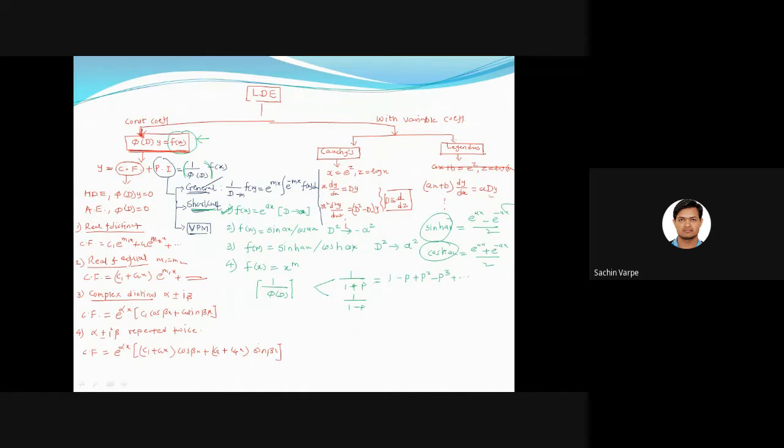And if it is minus in the denominator, then all the terms are positive: 1 plus p plus p square plus p cube and so on.